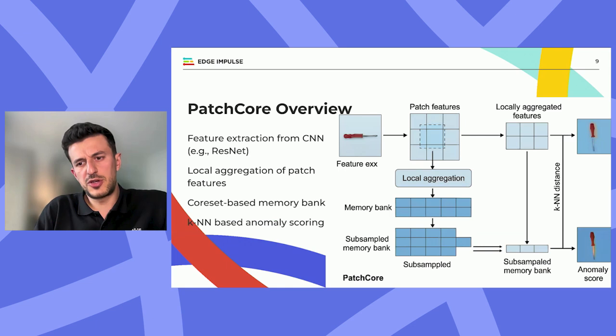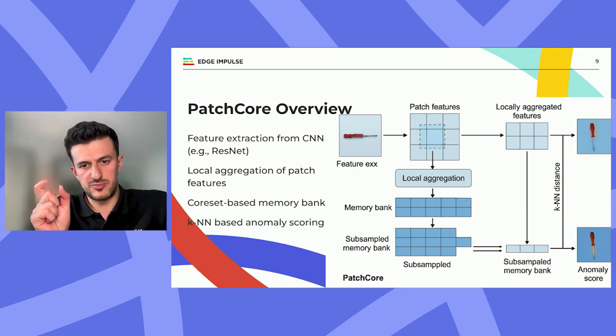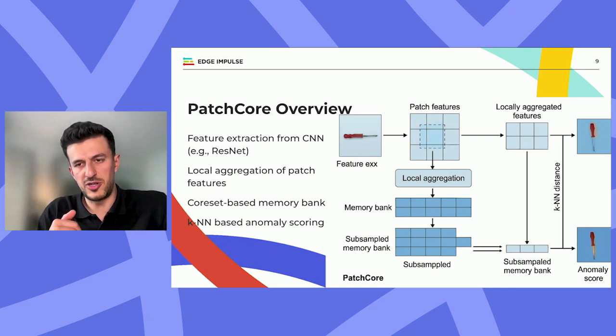I'm going to just quickly go through how it works. With PatchCore, we basically divide the image into small patches, and then we extract information from these patches and store it in the memory banks.